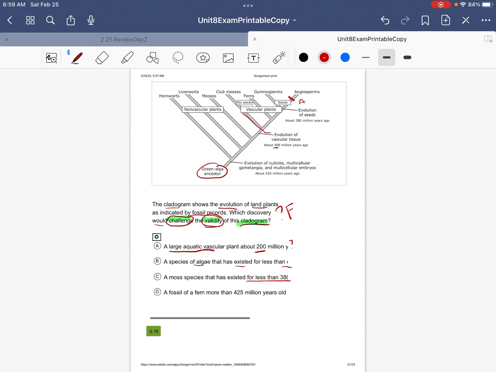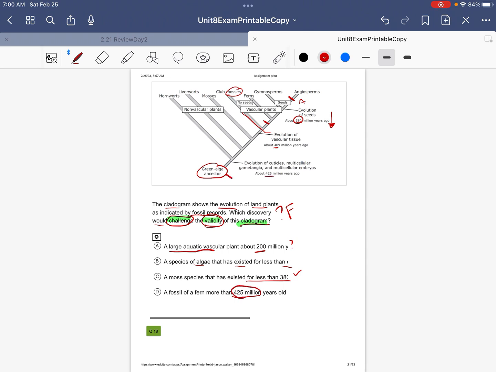So mosses are about right here. If you find a moss less than 380, that makes sense. You have evolution of seeds, so mosses came before seeds. That would make sense. And a fossil fern that is more than 425 million years old.